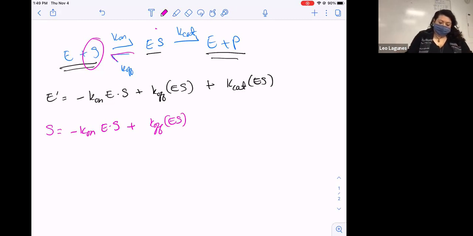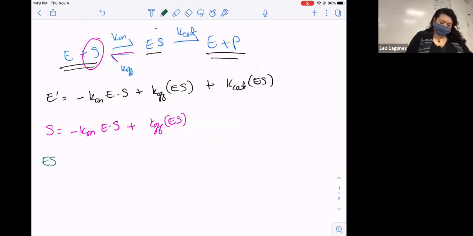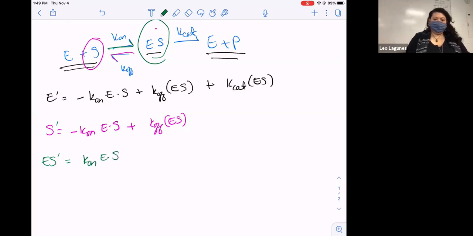Okay, let's do the complex ES. ES is only in the middle right here. So we gain the complex from this forward reaction, K on. We gain it from E, and every time it happens, it's attached to a substrate.